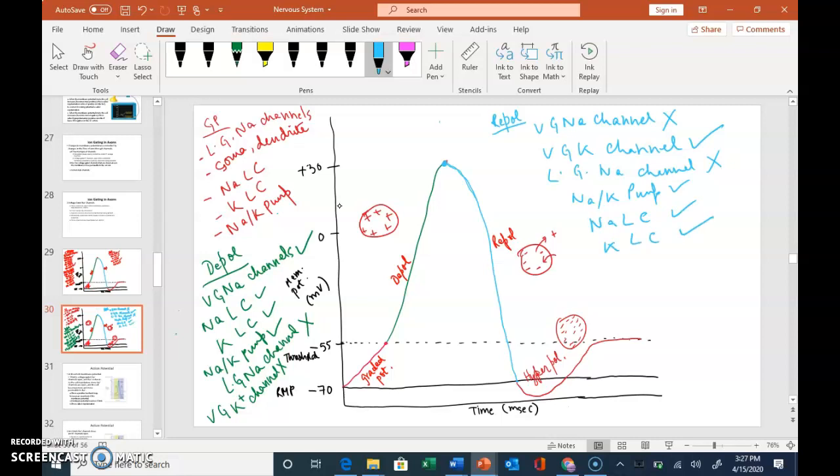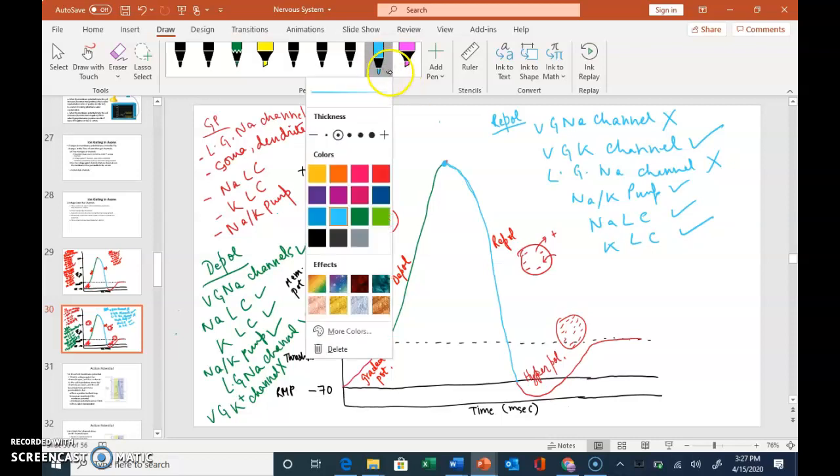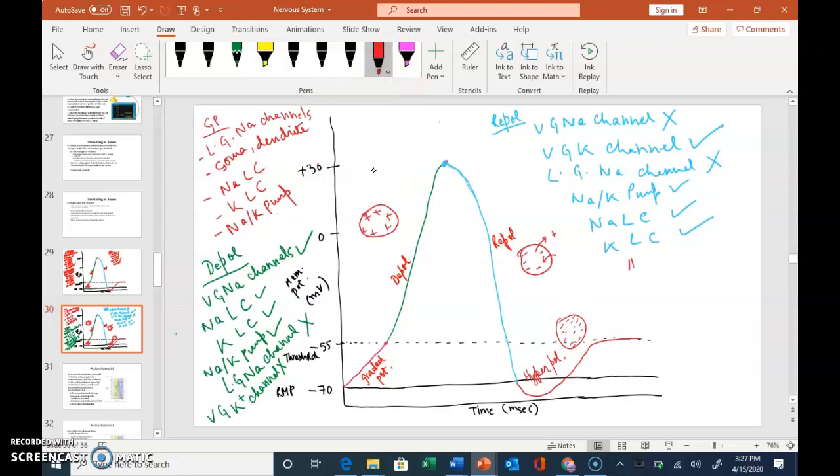Okay? Now, let's talk about hyperpolarization. During hyperpolarization, the voltage-gated sodium channels are closed. Voltage-gated potassium channels are closed. And during this time, remember, the voltage-gated sodium channels are actually resetting themselves back.